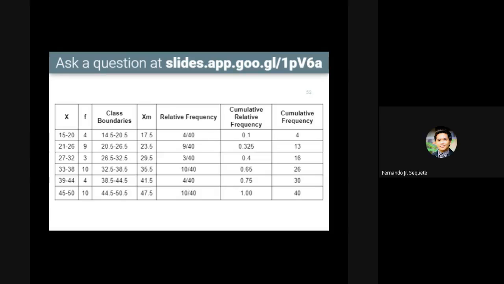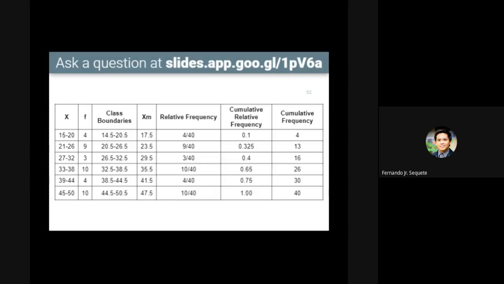Yung cumulative frequency natin, children, yung proseso ng cumulative frequency, the same process yan sa pagkuha ng cumulative relative frequency. Okay? Because 4 divided by 40 is 0.1. And 9 divided by 40 is, meron siyang value.